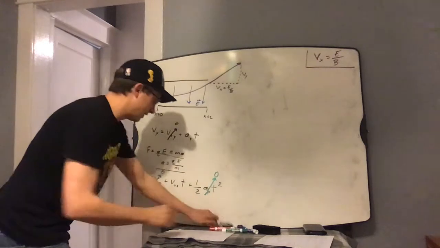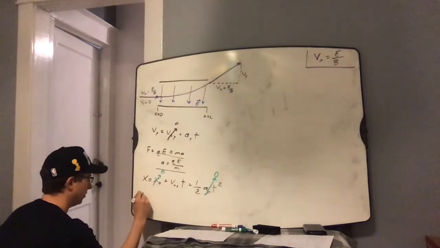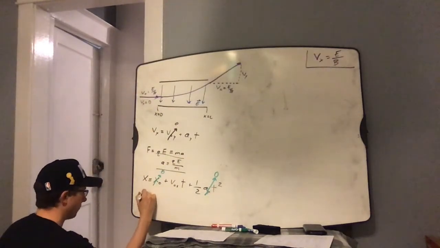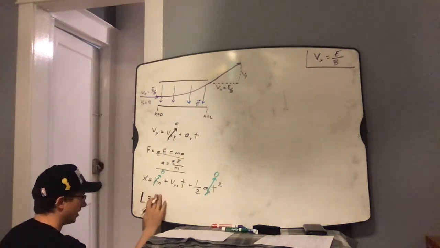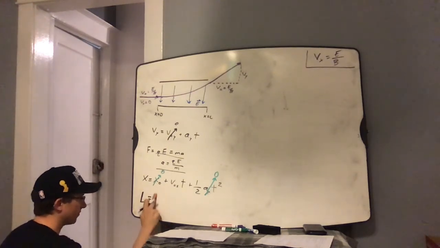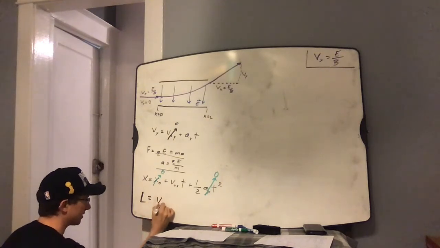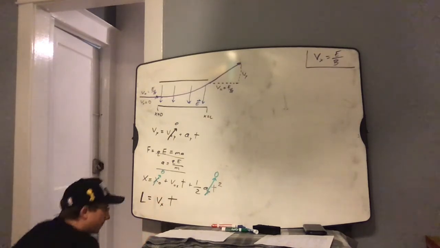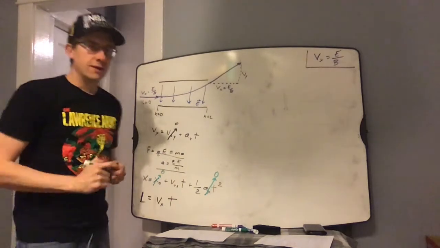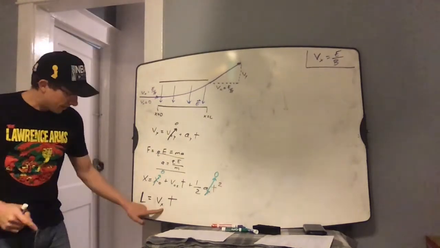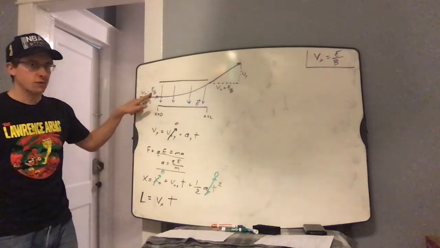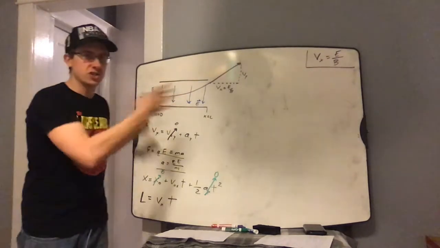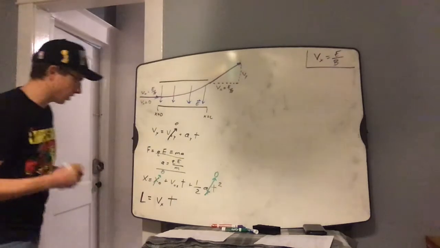So what I find is L for my x final position is 0 plus Vx times t. So I get L equals Vx times t. Vx is the same as V initial x, which is going to be E over B. The electron never changes its speed in the left-right direction.